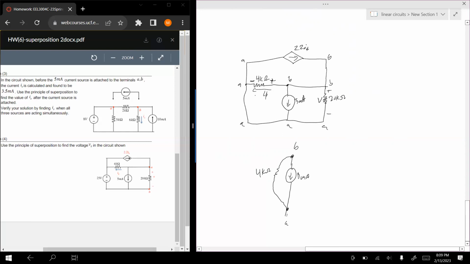And because current flows from B to A, we have current flowing through here. This is I phi. This is the other side. This is the 20 kilo ohms. Positive, negative. And then we have one more thing, which actually goes like this.